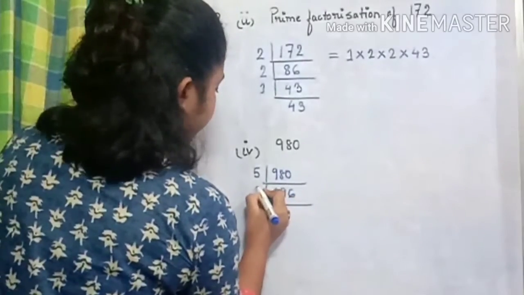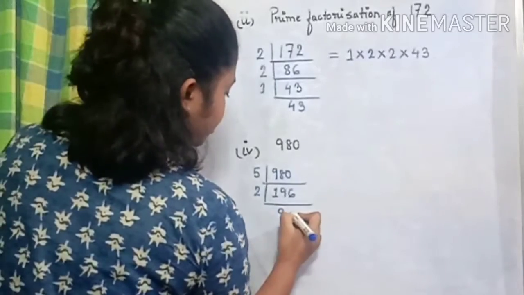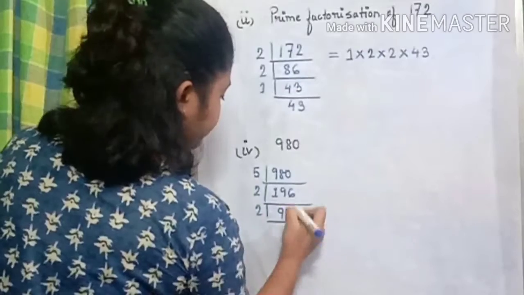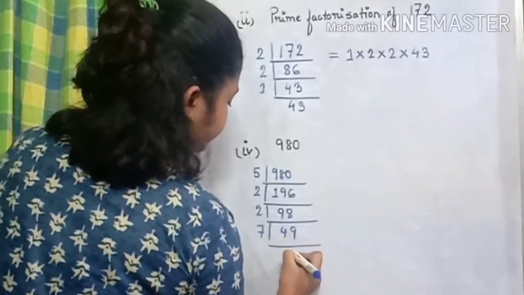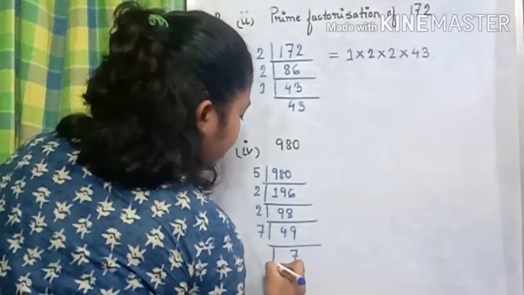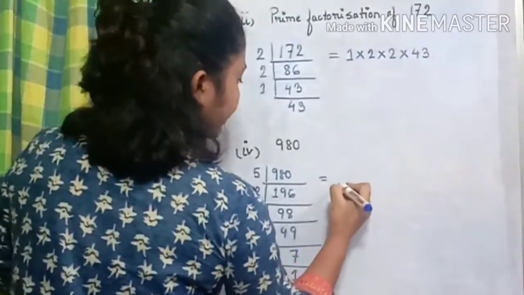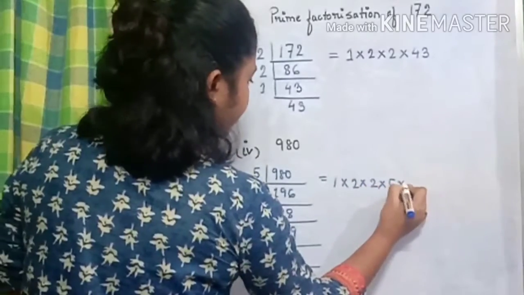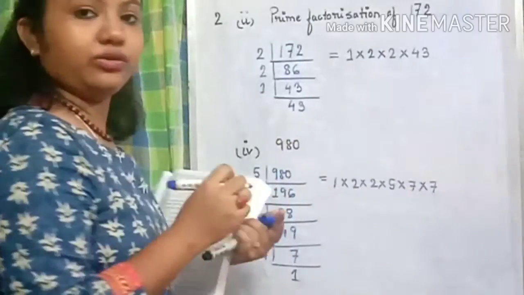Now let's divide this by 2. 2 9s are 18. 2 8s are 16. So these are all the factors that come after dividing. How are we going to write it down? 1 into 2 into 2 into 5 into 7 into 7. So this is how we are going to represent it.